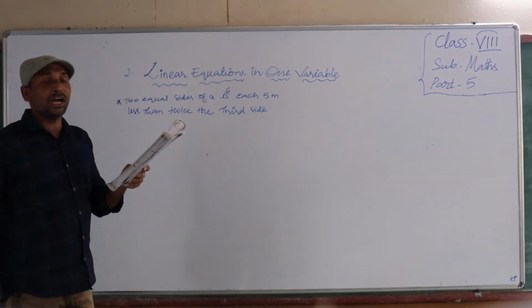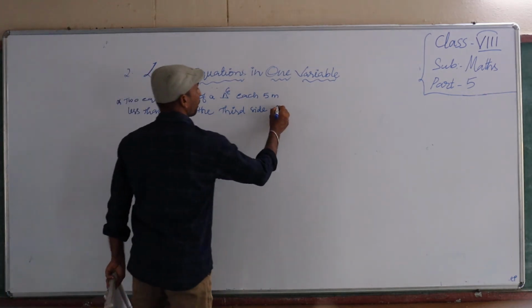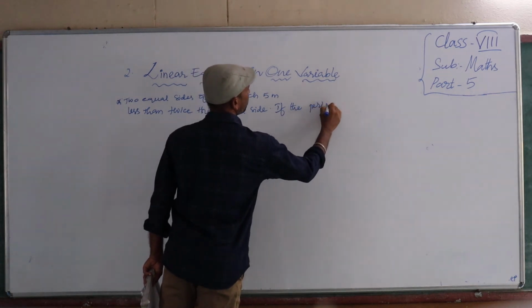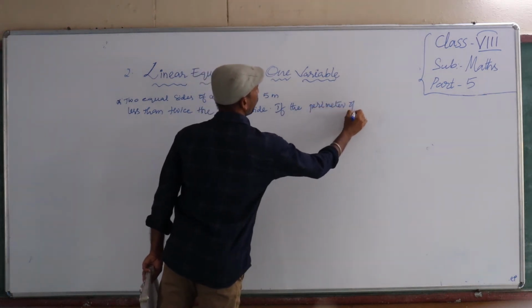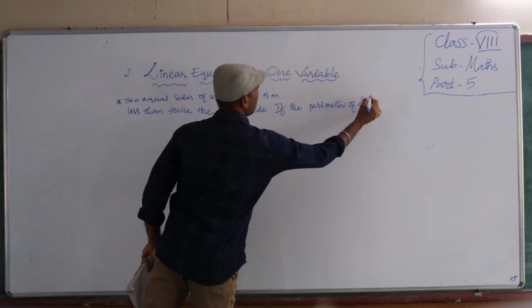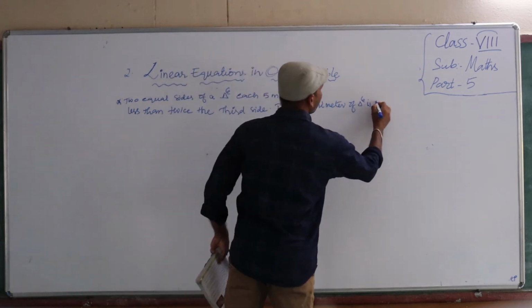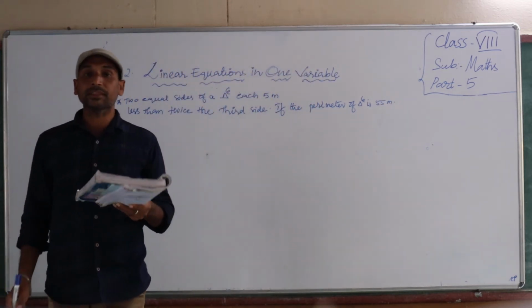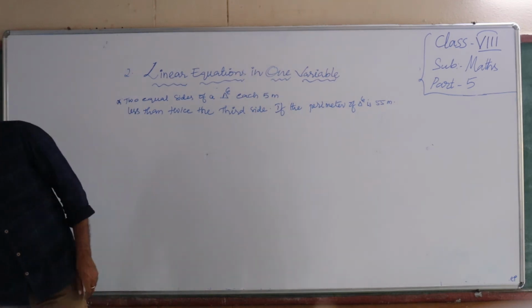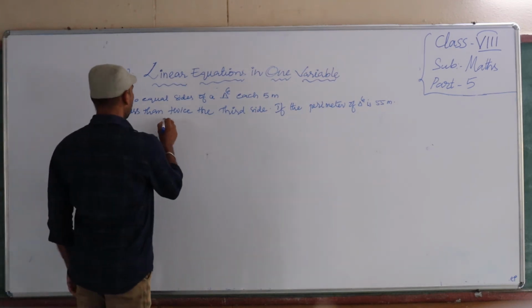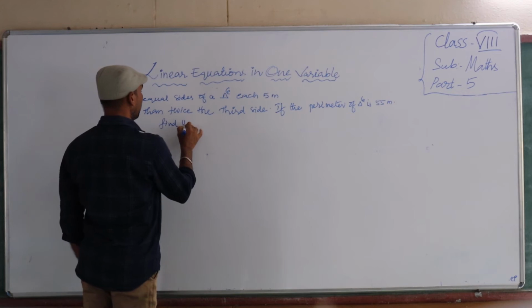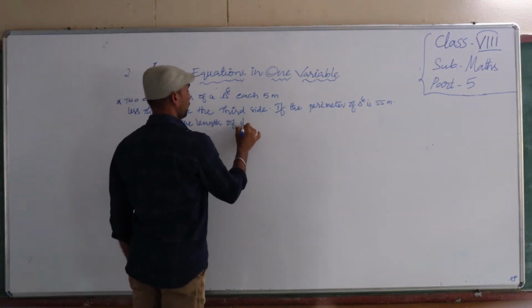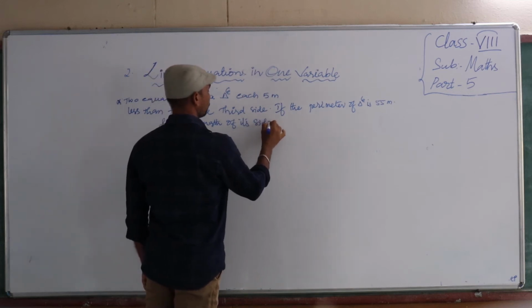And if the perimeter of the triangle is 55 meters, then find the length of its sides. So we should find the length of its sides.